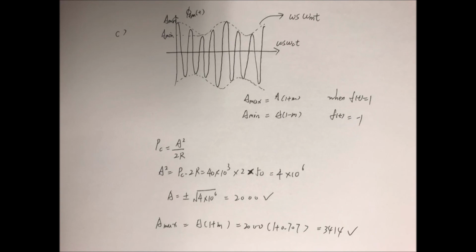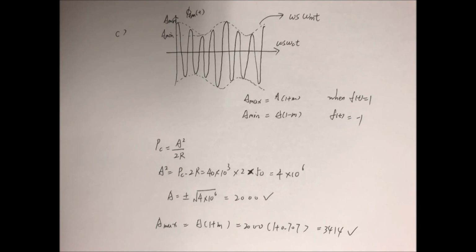And A minimum is A(1 - M). The minus sign comes from the message being minus 1 this time. So A max and A minimum depend on A and M, because my message will be normalized. Any problem here? So 1 plus M came from over there.